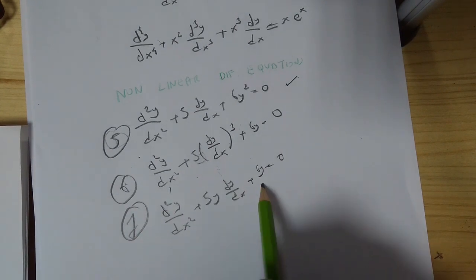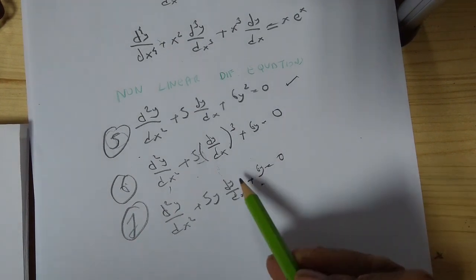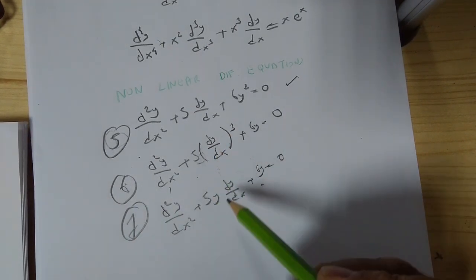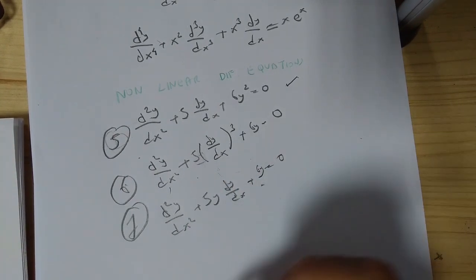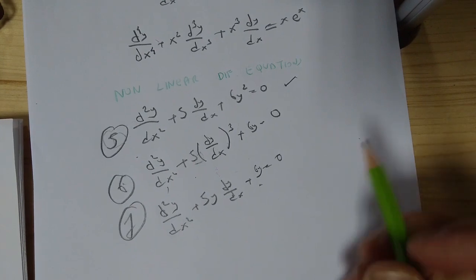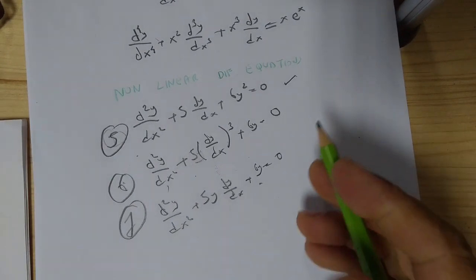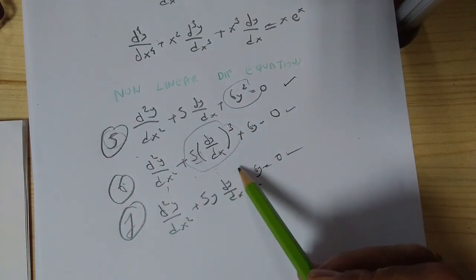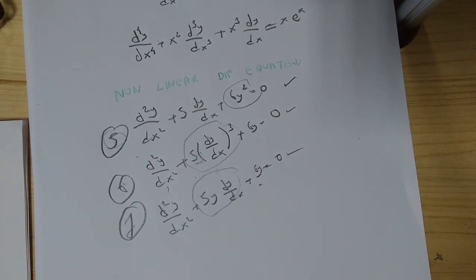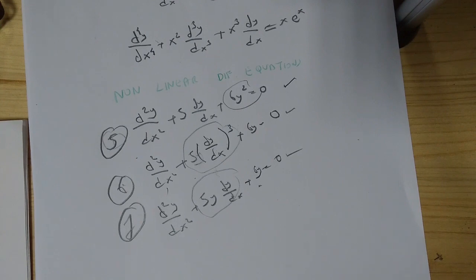Finally, this is nonlinear because of the product y dy/dx, the product of y with its derivative, which involves the product of the dependent variable and its first derivative. So because of these terms, these equations are nonlinear.